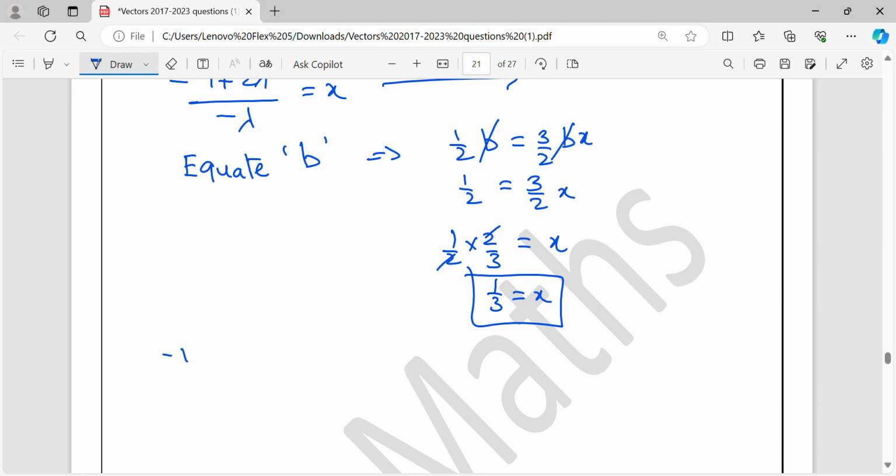Let's substitute: (minus 1 plus 2 lambda) over minus lambda equals 1/3.